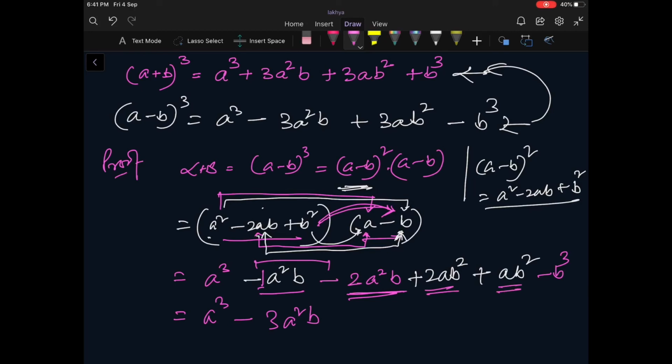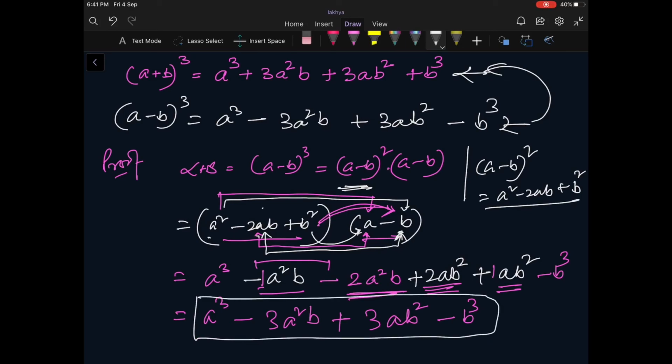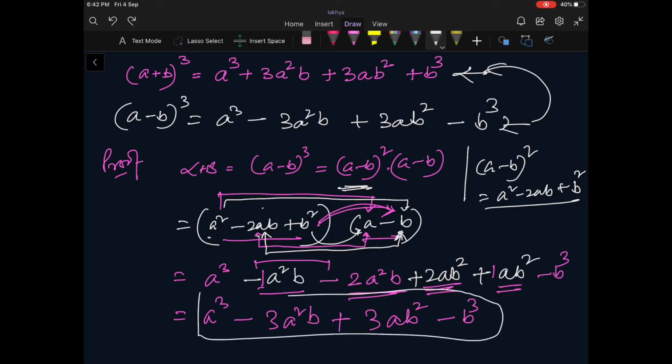Here these two are both positive, so the result must be positive. Then you have to add these two. This is 1 a b square, this is twice a b square, so thrice a b square, and then minus b cube. So this is the right hand side of this identity. This is the right hand side of the identity, R is S. That's how we can prove this identity.